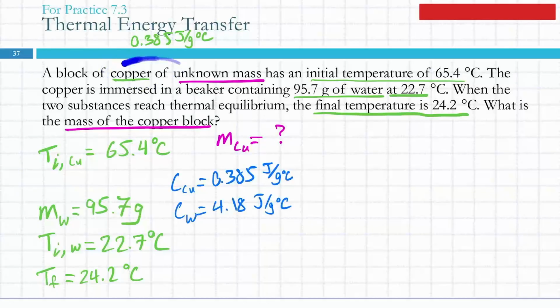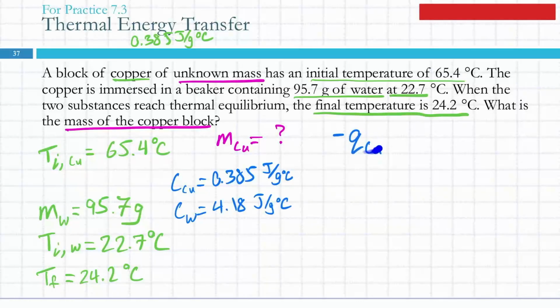our copper starts at a higher temperature, the water starts at a lower temperature. We're mixing the two of them together. How does the energy transfer? It's going from the copper to the water, and we're going to ignore the surroundings because it makes things very convenient for us. The copper is losing some energy.